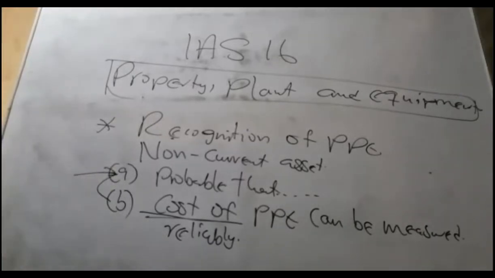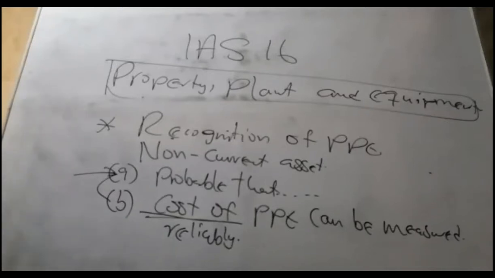Now, anytime the examiner asks you, can they record this as an asset in their books? The examiner is just asking indirectly about these two items. So tell the examiner, before they can record this particular item as an asset or PPE in their books, two conditions must be fulfilled. Condition one, it must be probable that this item will bring future economic benefit to the entity.